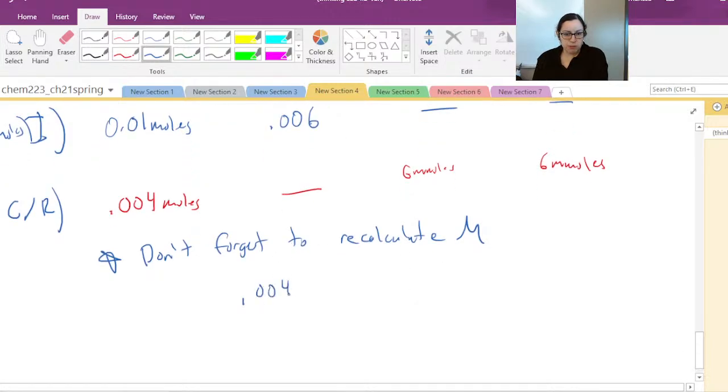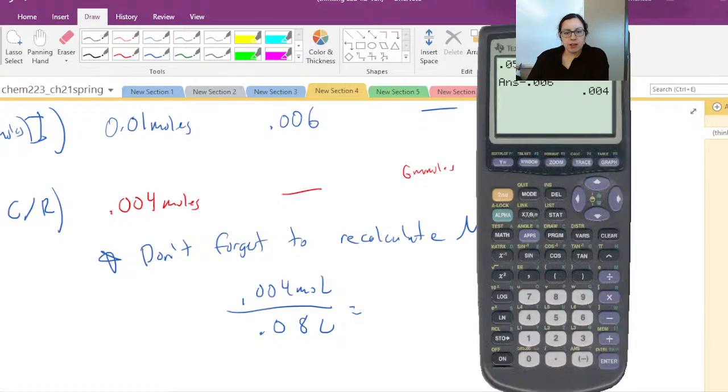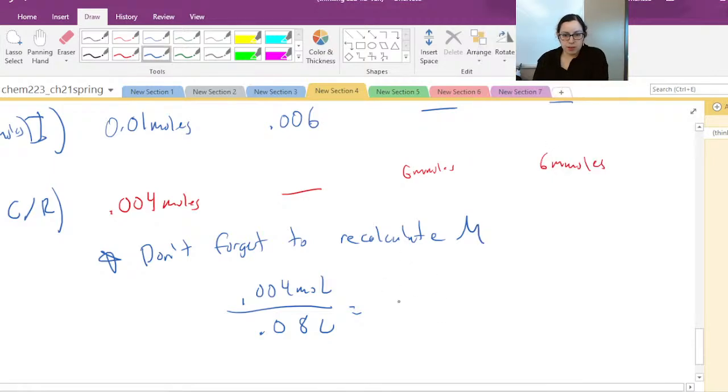So 0.004 moles over, to convert to molarity, 0.08 liters. Now I get the concentration of sodium hydroxide: 0.05 molarity of NaOH.